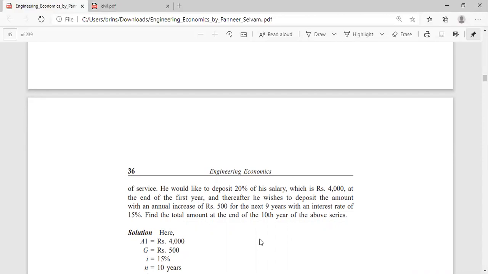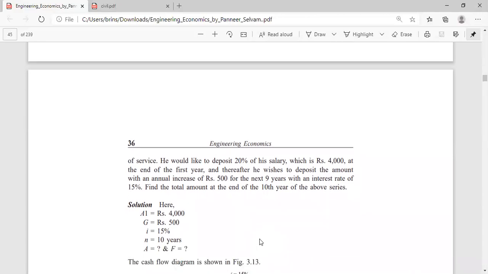He also wishes to deposit an extra amount as an annual increase of rupees 500 for the next 9 years. This is the annual increment, so 500 rupees is your G value. The rate of interest is 15%, which is your i, and n is 10.